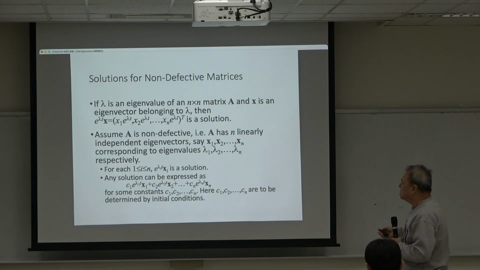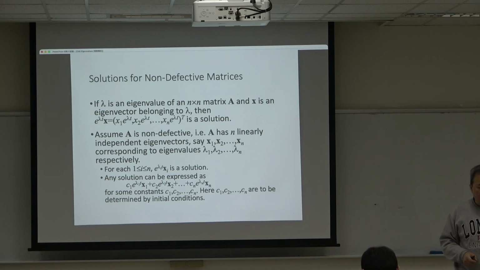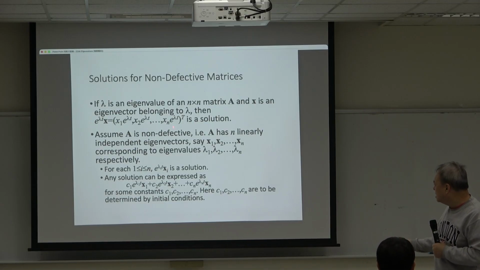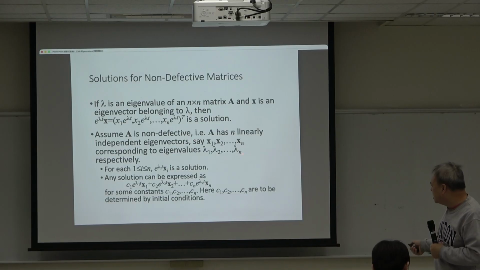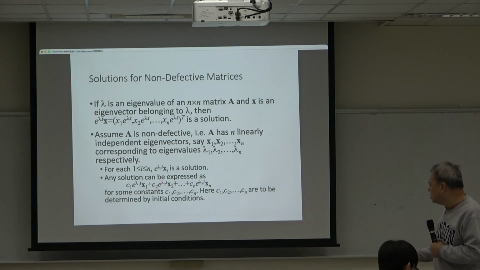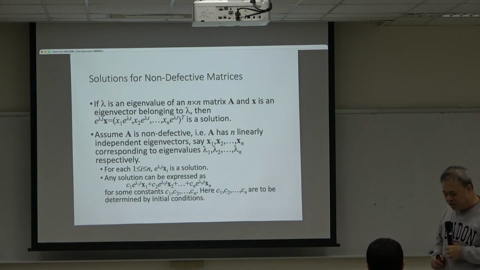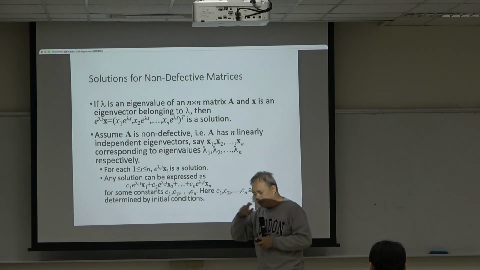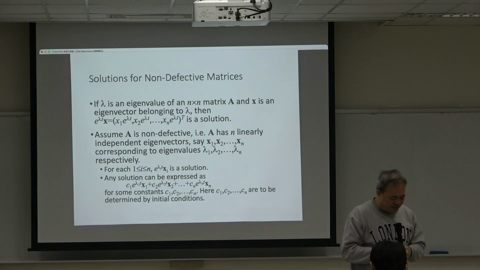But as long as your matrix is not defective, meaning there are n eigenvectors and the corresponding eigenvalues are lambda 1, lambda 2, and so on, then you can represent any solution in this format, where these constants C1, C2, and so on can be determined if you are given proper initial conditions. So we talked about this last time.